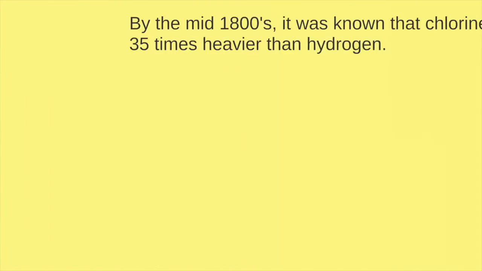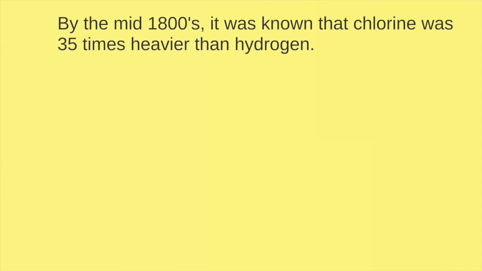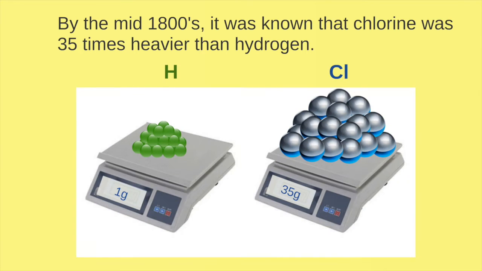Now, by the mid-1800s, scientists had discovered that chlorine was 35 times heavier than hydrogen. That means if you had the same number of hydrogen atoms on a scale as chlorine atoms, the chlorine would weigh 35 times as much as the hydrogen. Now, of course, there are way more atoms in a gram of hydrogen than shown here. In fact, I couldn't possibly show all the atoms in a gram of hydrogen.